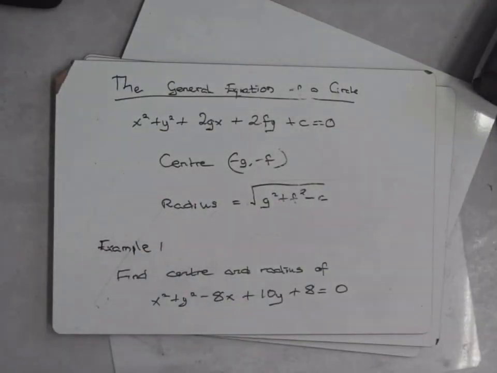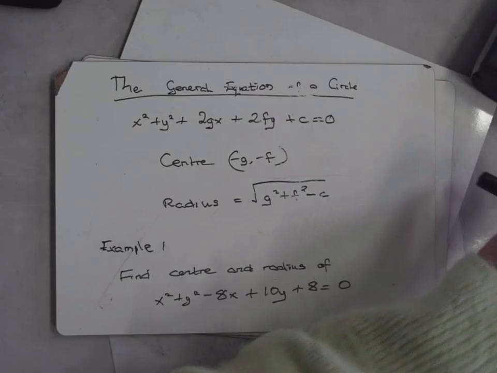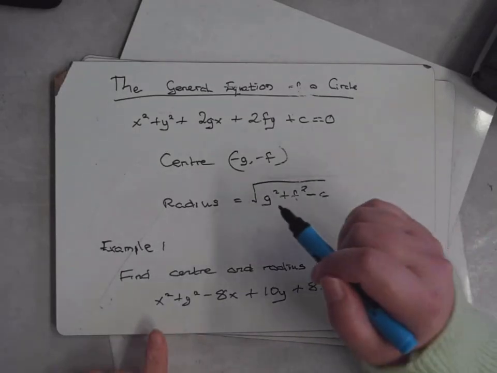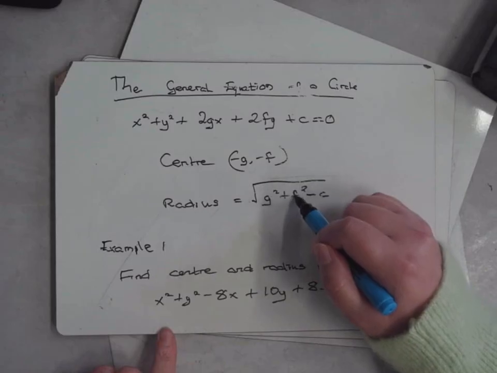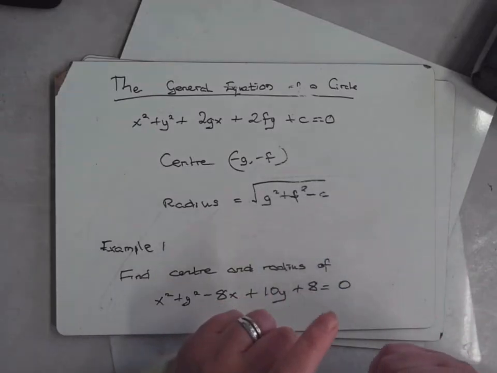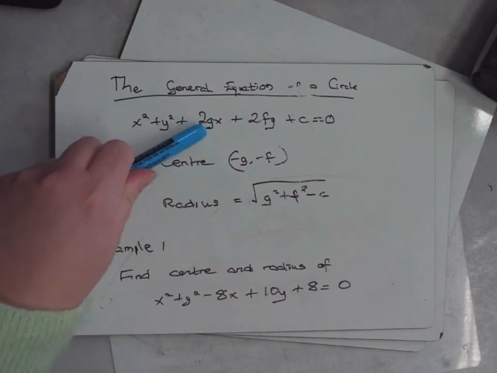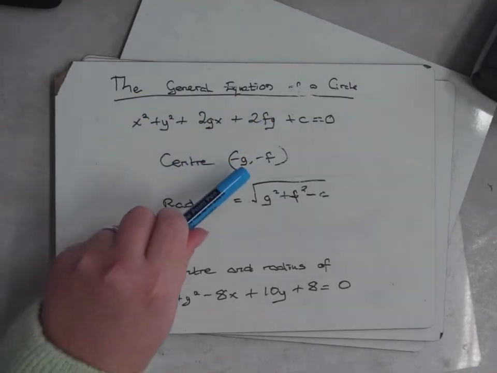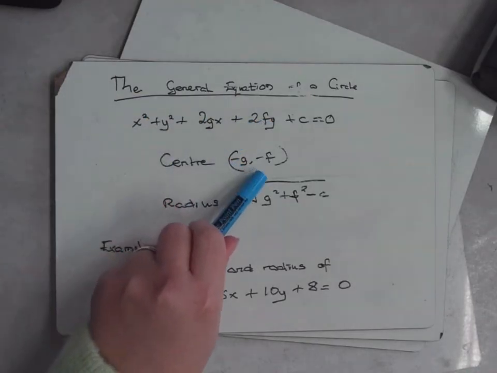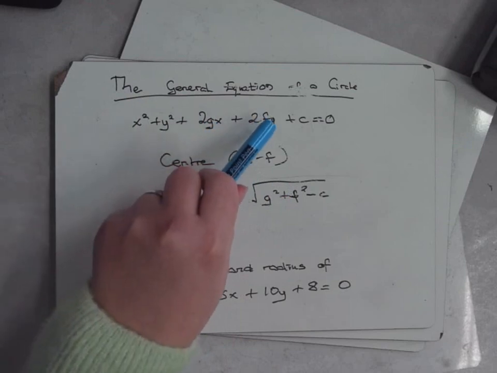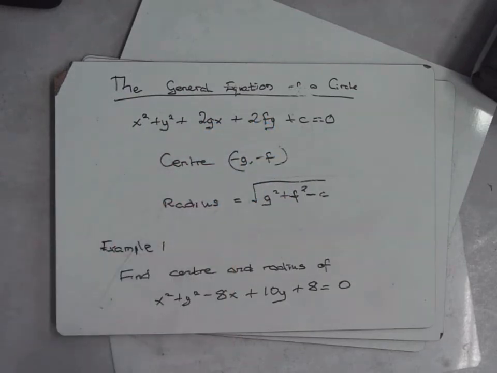So it's called the general equation of a circle. It's basically the other equation multiplied out. And they write it x squared term, then y squared term, then x term, then y term, then c, the number. And it's 2g in front of x and 2f in front of y, and for the centre you need to change the sign. So you have to take the coefficient of x and change the sign, and the coefficient of y and change the sign.